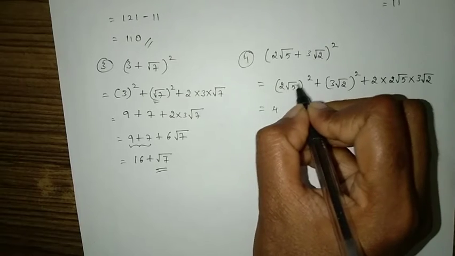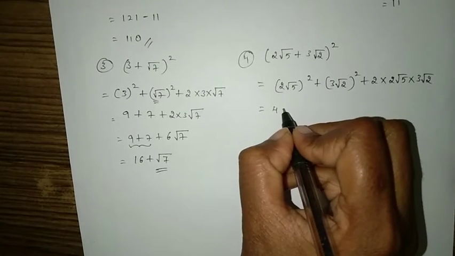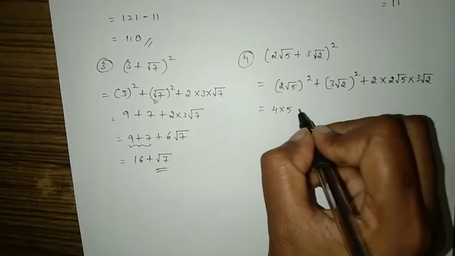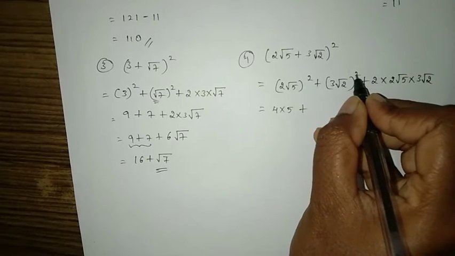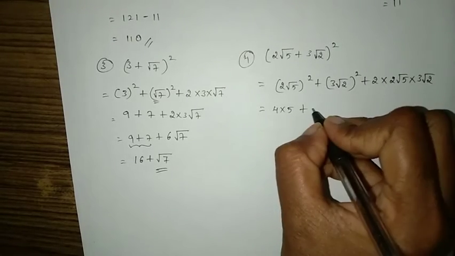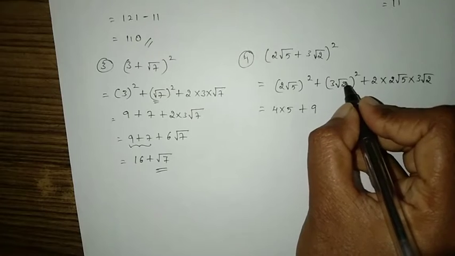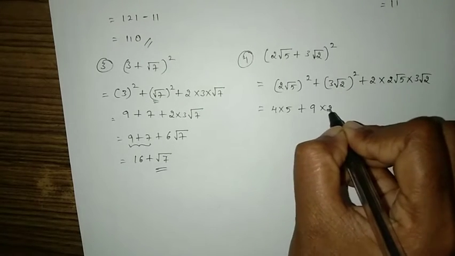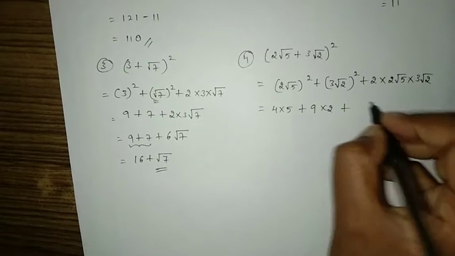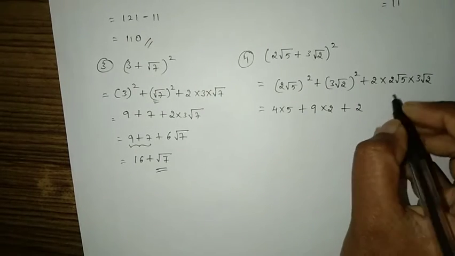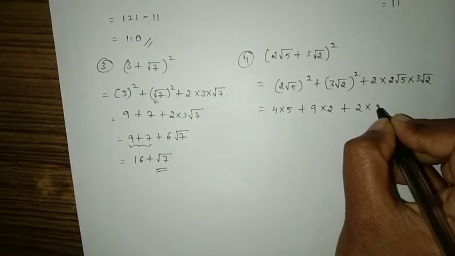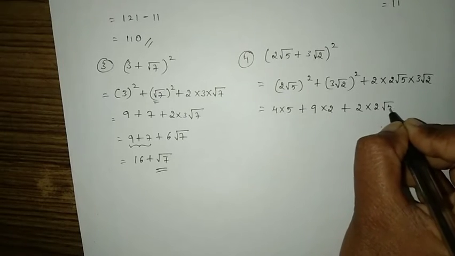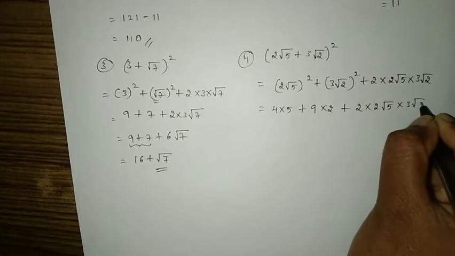So root 5 whole square becomes 5 only. So multiply by 5, plus 3 whole square, that is 9. Root 2 whole square becomes 2 only. So multiply by 2, plus 2 into 2 root 5 into 3 root 2.